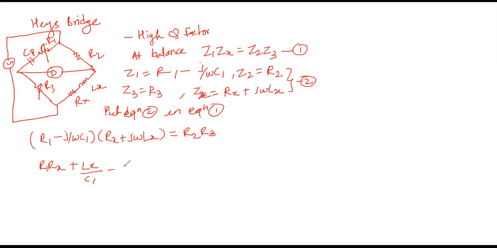So again multiply this term R1 to this one. So what we get here? j Rx divided by omega C1 plus j omega R1 Lx is equal to R2 R3.